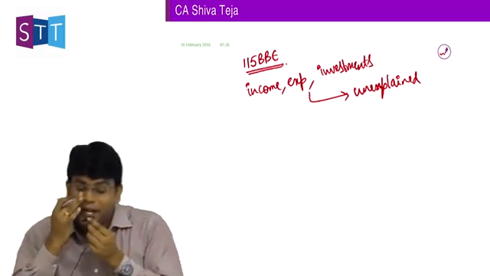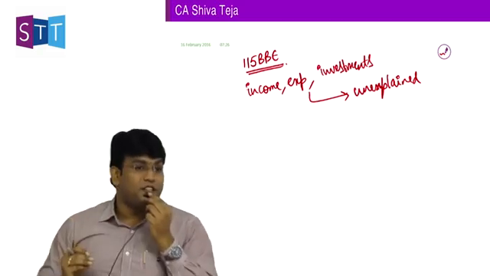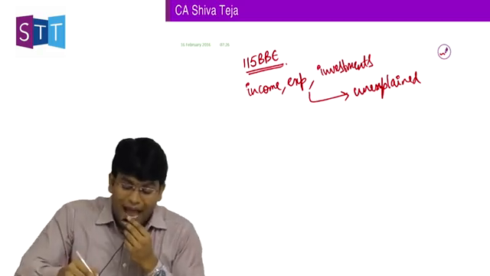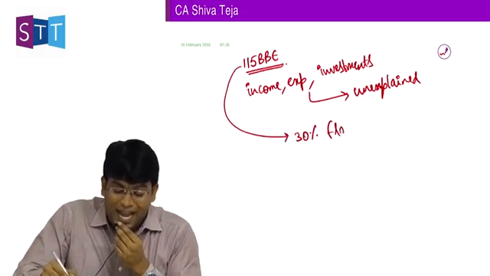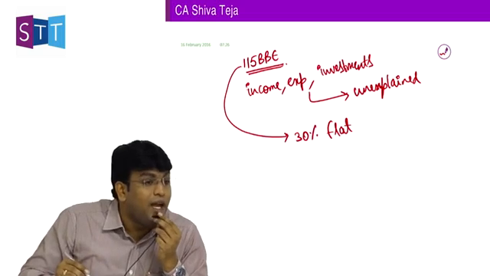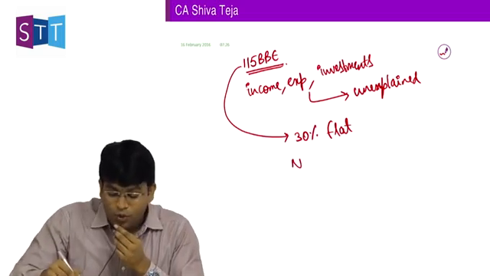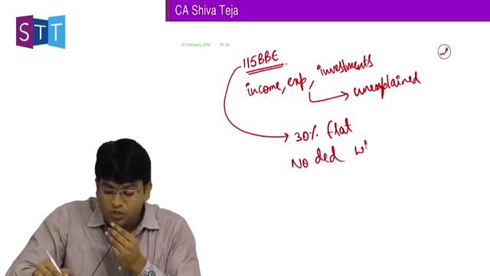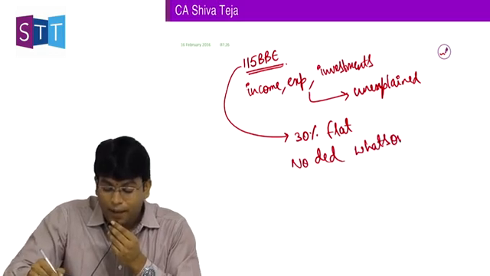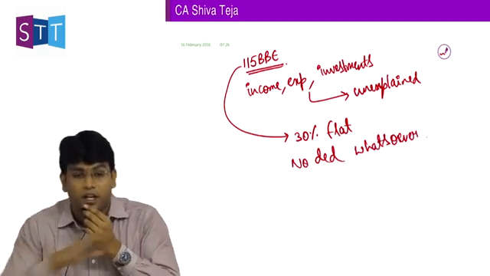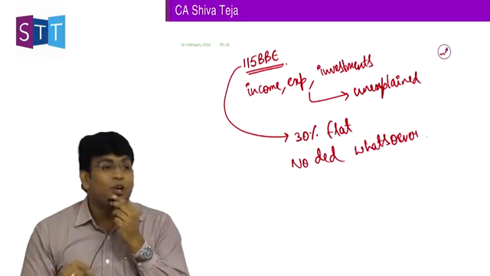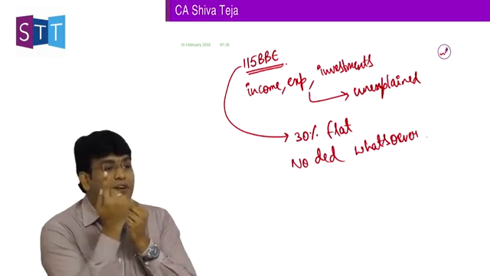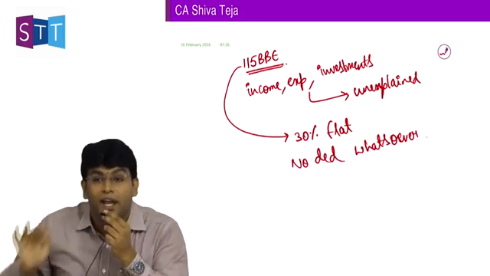If there is unexplained income, unexplained expenditure, or unexplained investments, it is taxed at the rate of 30% flat under section 115 BBE and no deduction whatsoever. I'm writing very clearly, no deduction whatsoever. What does that mean? The assessee says, I will pay LIC premium, that 1 lakh I'll reduce, and on the balance I'll pay.